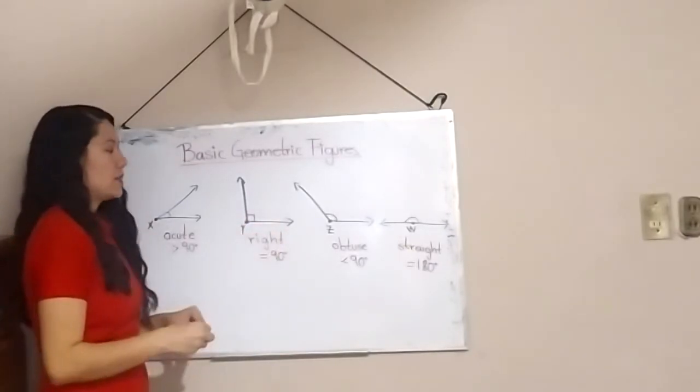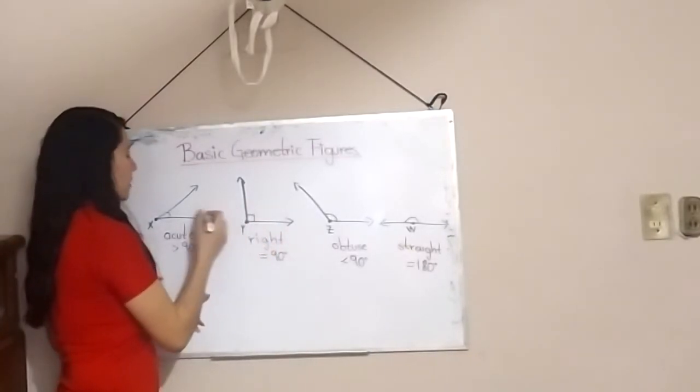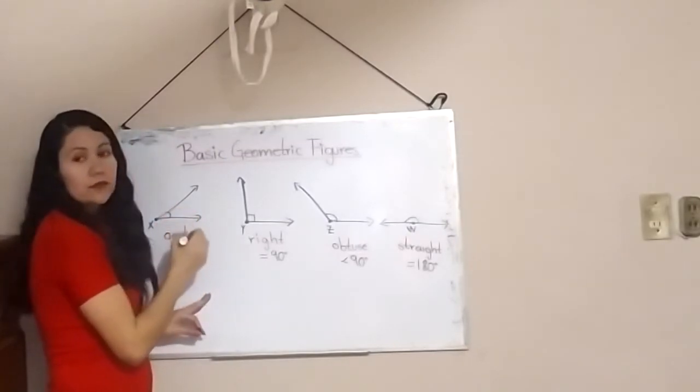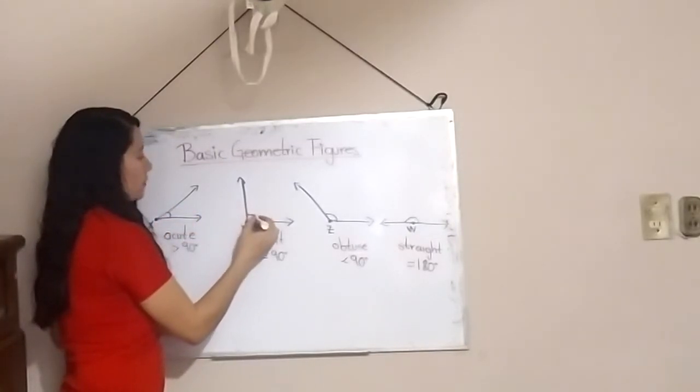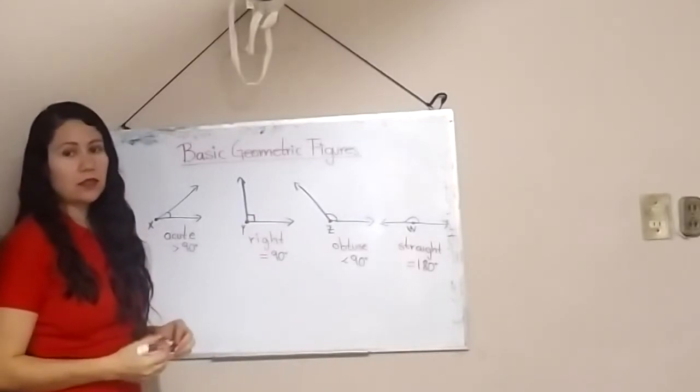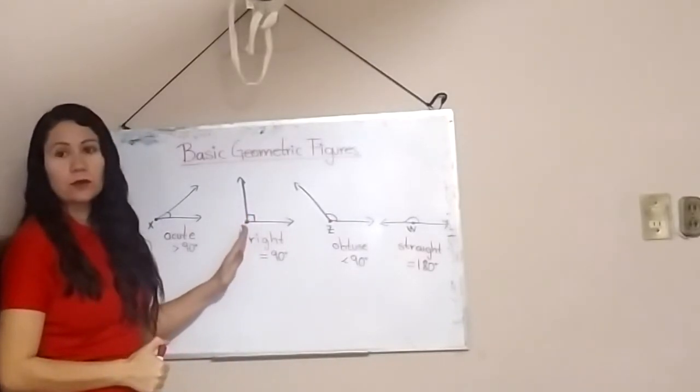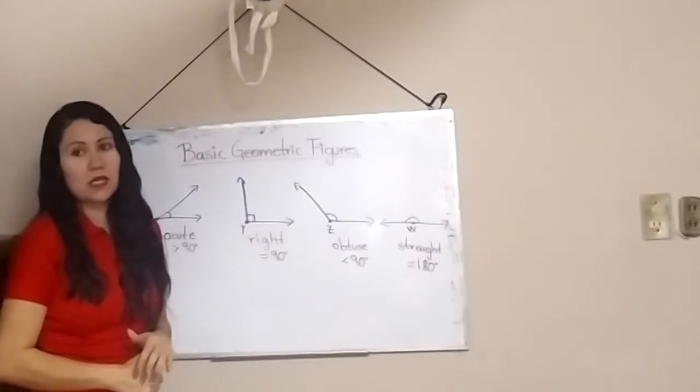You should notice that a right angle is represented not with a curved line, but with two straight lines that form, with the two rays, a square.